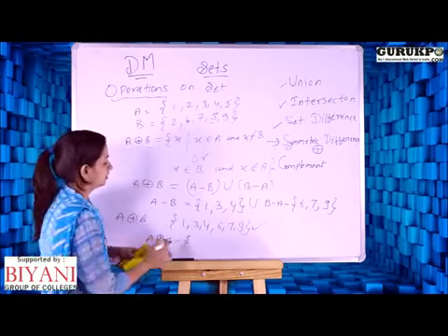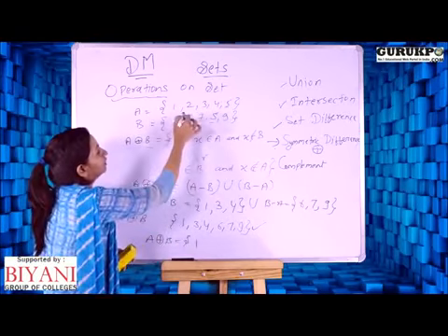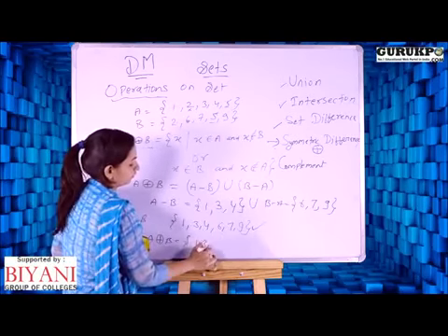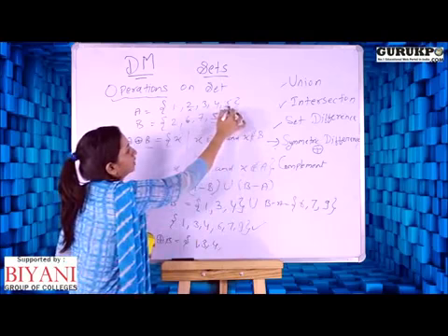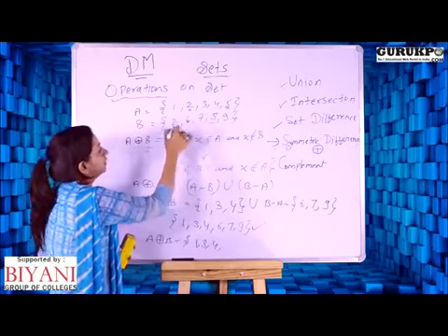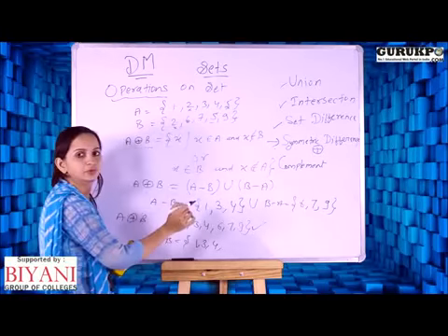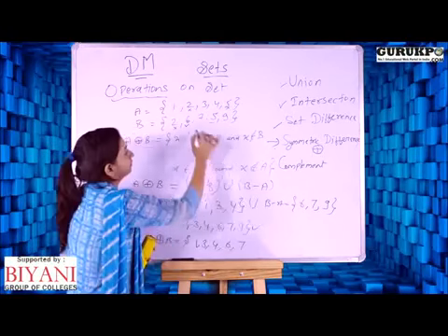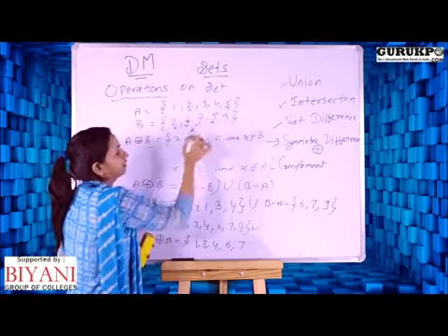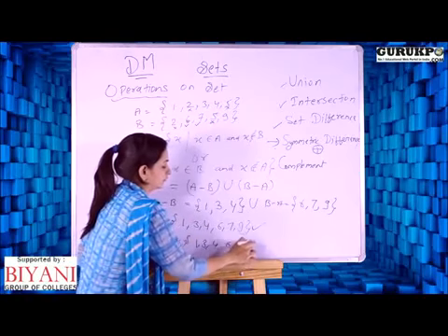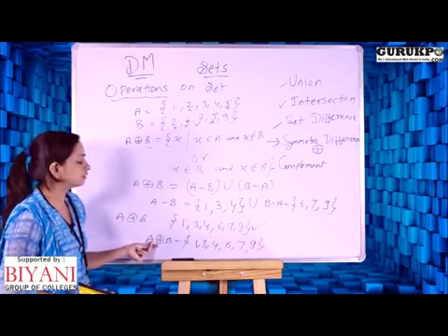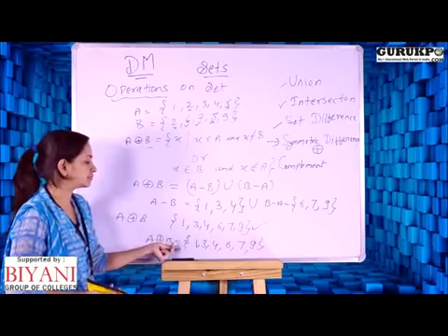For example, 1, 2 is a common element, I am not going to take it, 3, then 4, then 5 is a common element, I am not going to take it, then 2 is a common element, I am not going to take it, then 6, then 7, then 5 again a common element, then 9. So after seeing both the sets, I can directly get the set of A symmetric difference B.